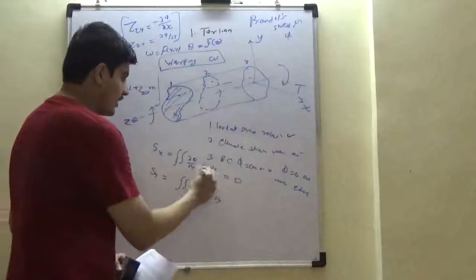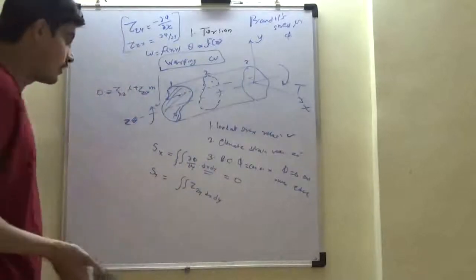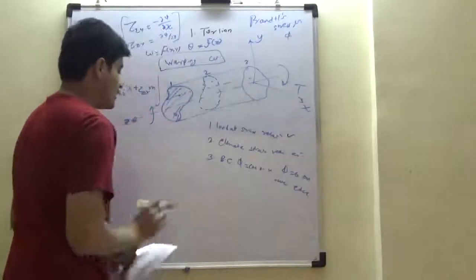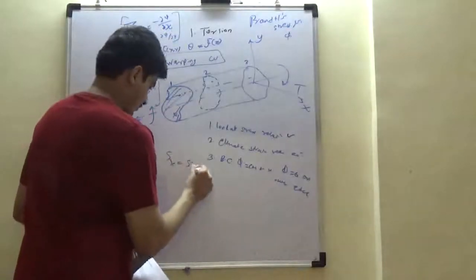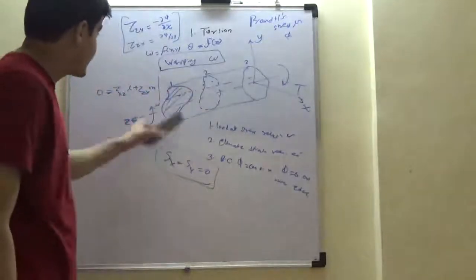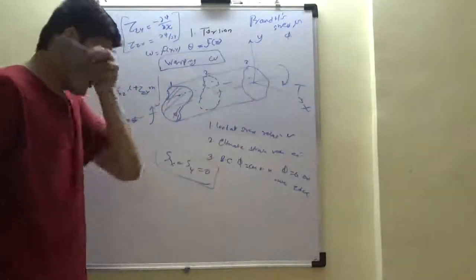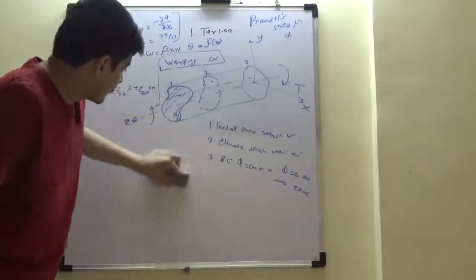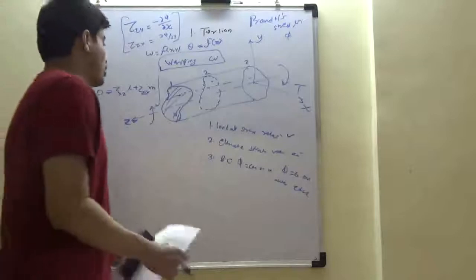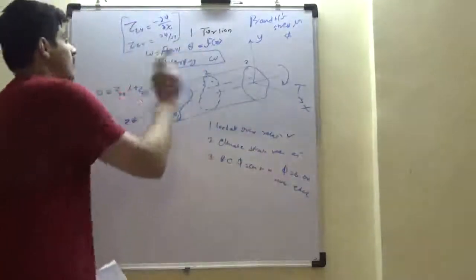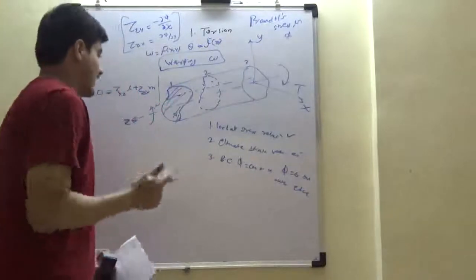So this dx dy integral is nothing but a surface integral, which means Sx and Sy are implicitly 0. So the surface forces are implicitly 0 on all the sections, which means this boundary condition is automatically satisfied. I don't have to worry. But that does not solve my problem, because phi equal to this, I got one outcome, I got to set my Prandtl function. Where is the second?